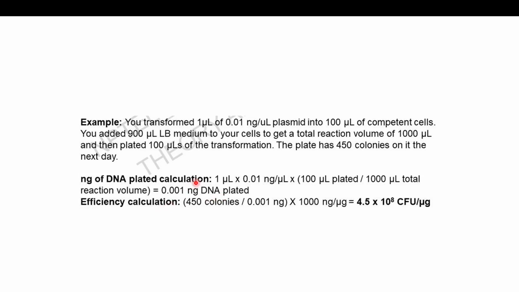Finally we had 450 colonies on the agar plate, so the transformation efficiency will simply be 450 colonies over the nanogram amount of DNA. Because we have to show it as number of colonies or transformants per microgram of DNA, the nanogram has to be converted into microgram unit. So this is how you will be calculating the transformation efficiency.